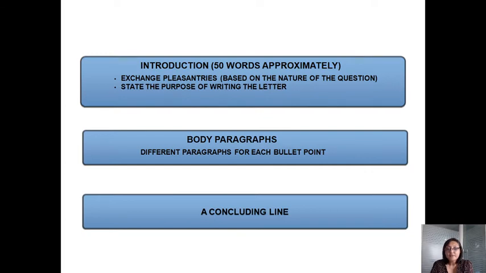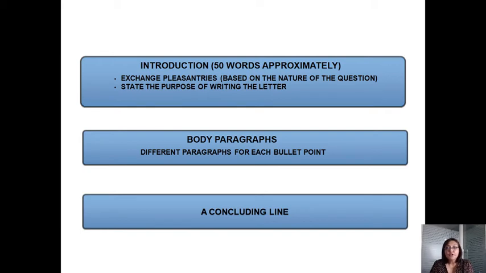After this paragraph comes the body paragraphs, which are the bullet points that you're elaborating upon. So like I said, you have to give equal weightage to all the 3 bullet points. Just because one point appeals to you more than the others, don't write 10 lines for one point and just finish the other one in a couple of lines.